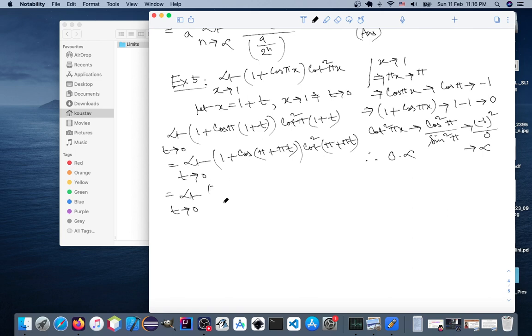So this is 1 minus cos pi t. And cot square pi plus theta, like all sine tan cos, in the third quadrant tan is positive, so this will be cot square pi t only.